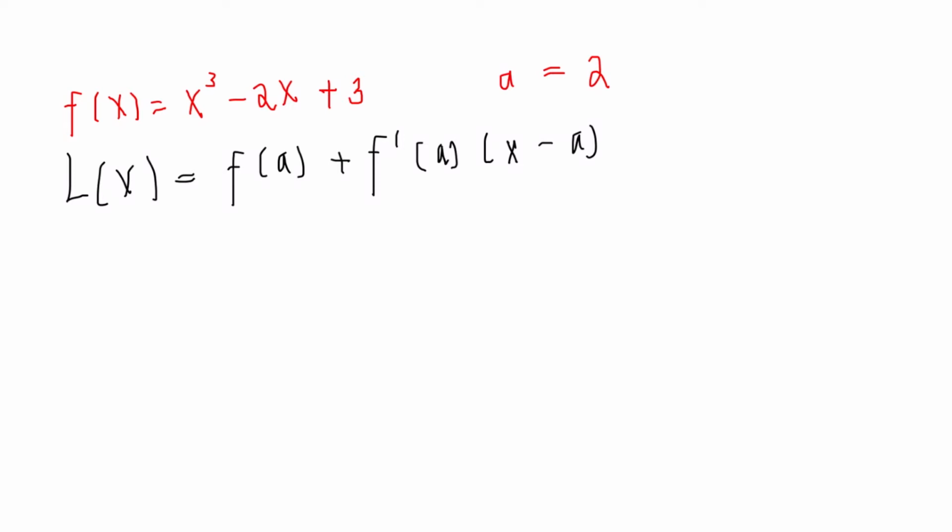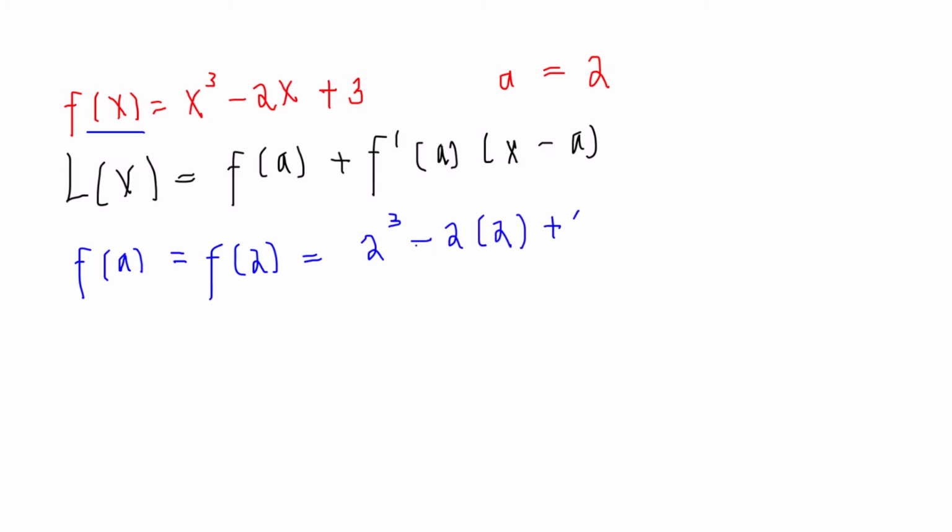So we have to find f of a. F of a is equal to f of 2. So we'll just insert 2 in the function instead of x. So it's going to be 2 cubed minus 2 times 2 plus 3.